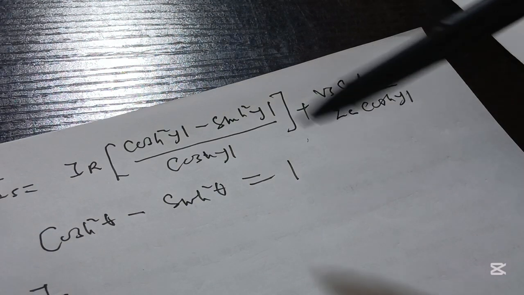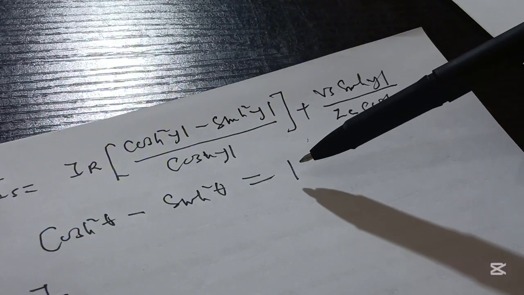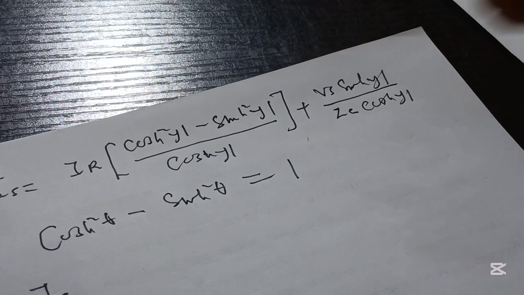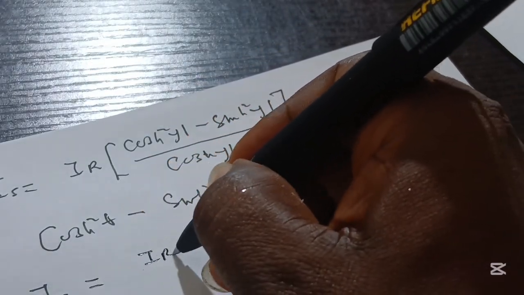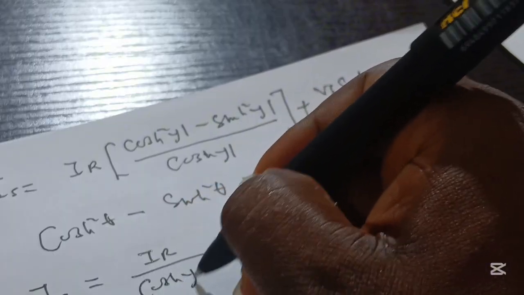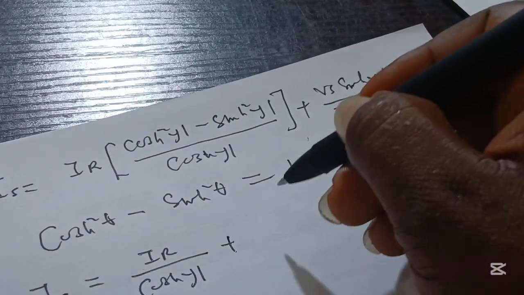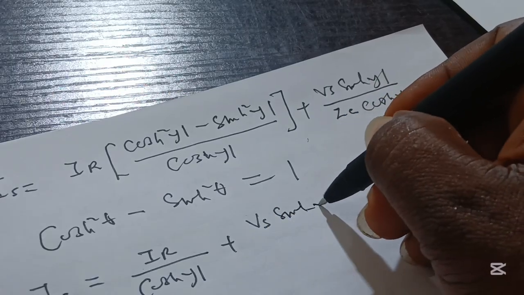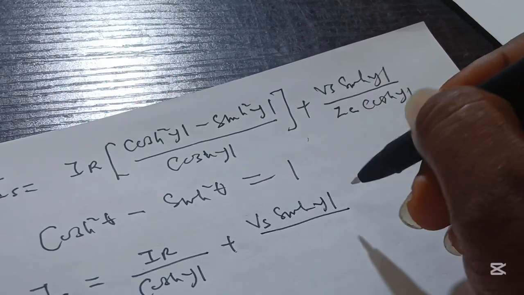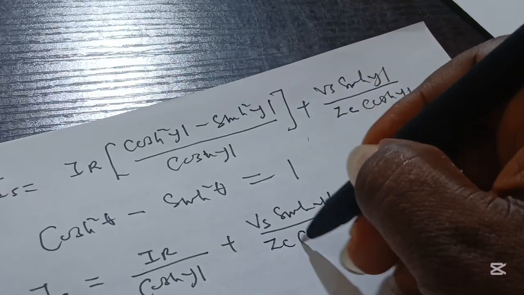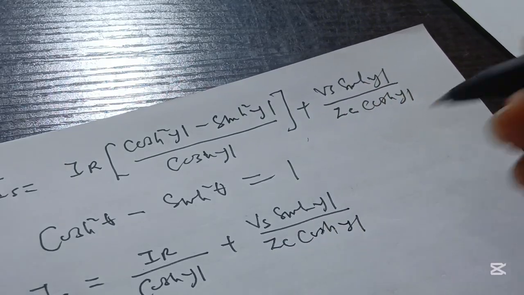So having this identity we can apply in this expression. So we're going to have that IS is going to be IR divided by cosh(γl) plus VS sinh(γl) divided by cosh(γl).